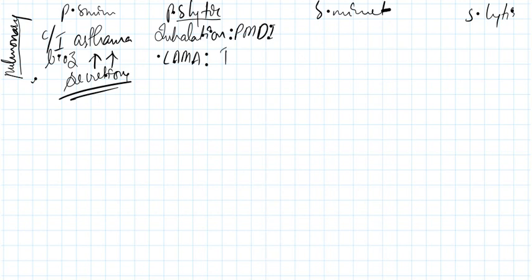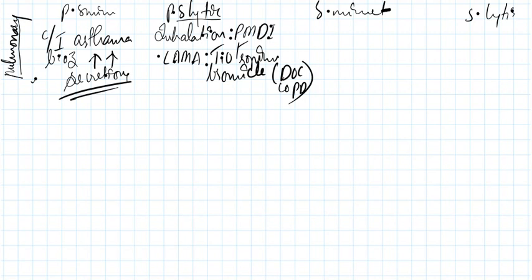It is ipratropium bromide, sorry, it's not ipratropium bromide, it's tiotropium bromide. And this tiotropium bromide is the drug of choice in COPD. Remember this, drug of choice in COPD.